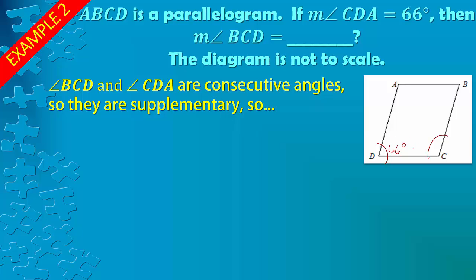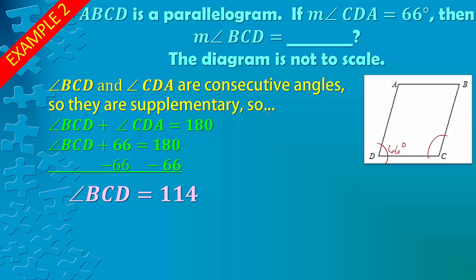Remember, they come right after another, which means that they're supplementary. Remember that characteristic of a parallelogram. So if we took the two angles and added them together, we'd get 180. We do know the measure of angle CDA, which is 66. So what we have to do to find angle BCD is subtract that from 180, which gives us 114 degrees.